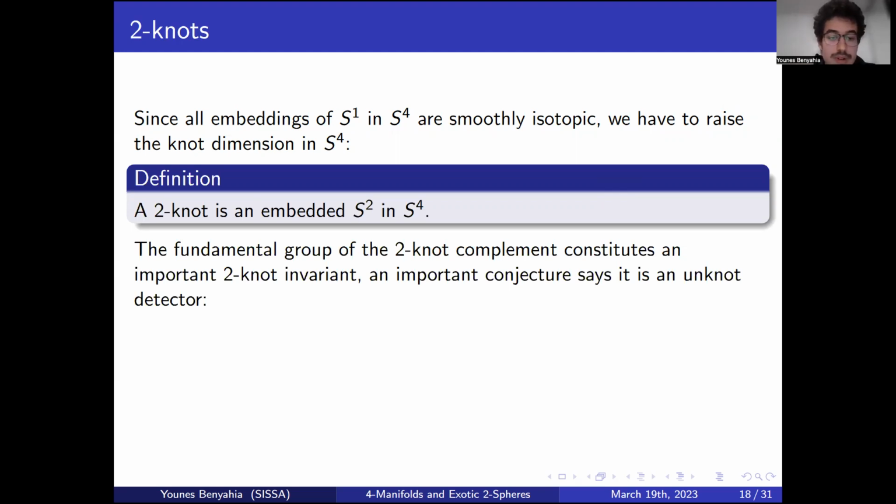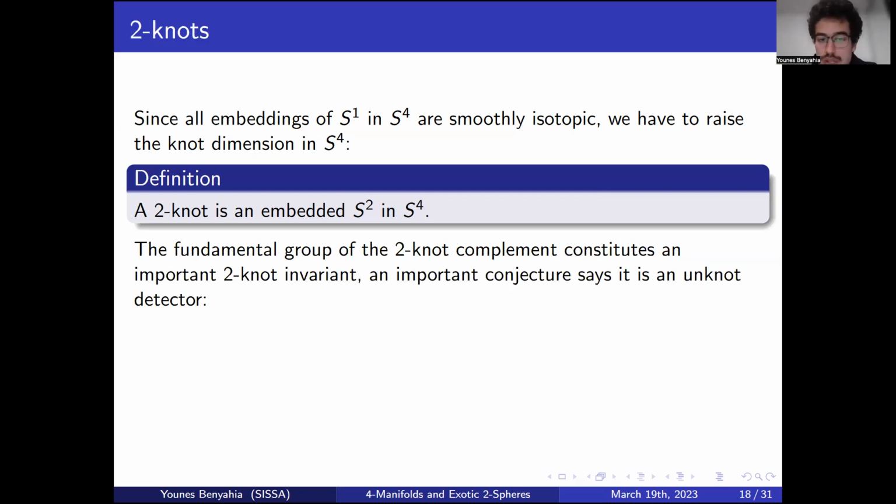One of the ways to distinguish 2 knots is to consider the fundamental group of the knot complement, so S4 minus the embedded S2. And this will be a 2 knot invariant.